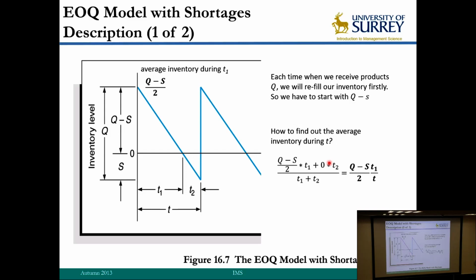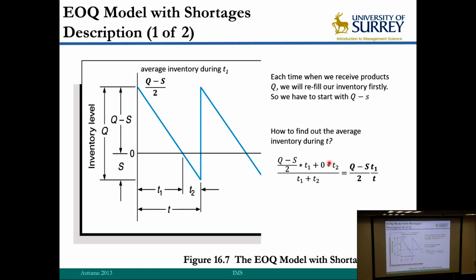In this case, we consider T1 as the time that we hold some inventories, and T2 is the time of the shortage. In total, we have time of T, so apparently. Because we considered this before, if we only consider T1, we have some inventories at the very beginning, and the highest inventory level is just Q minus S at this point.